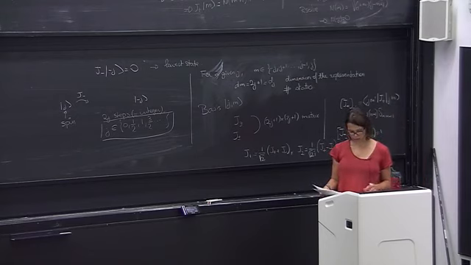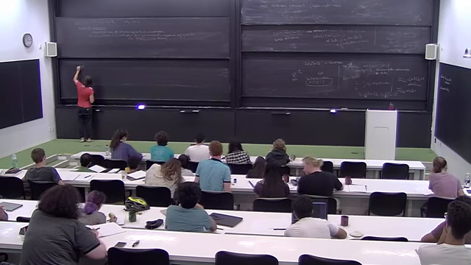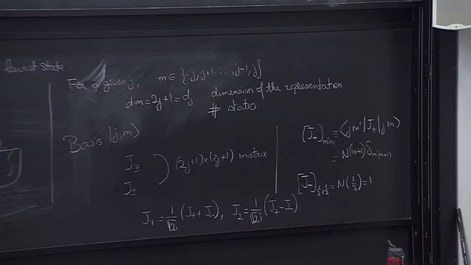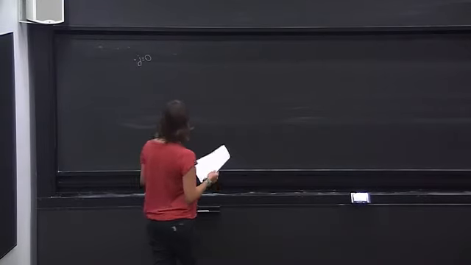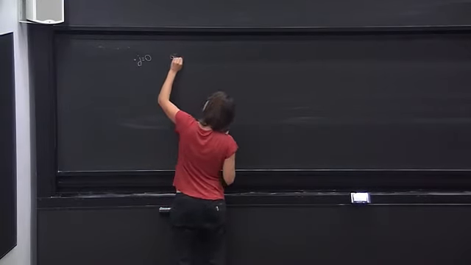So then let's consider some specific values of J, which are important in physics, and see if we can say something. Of course, when J is equal to 0, you only have one state.